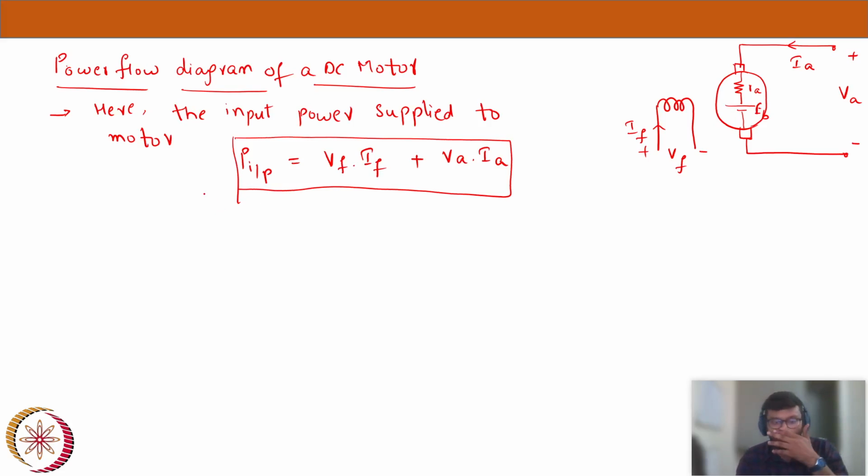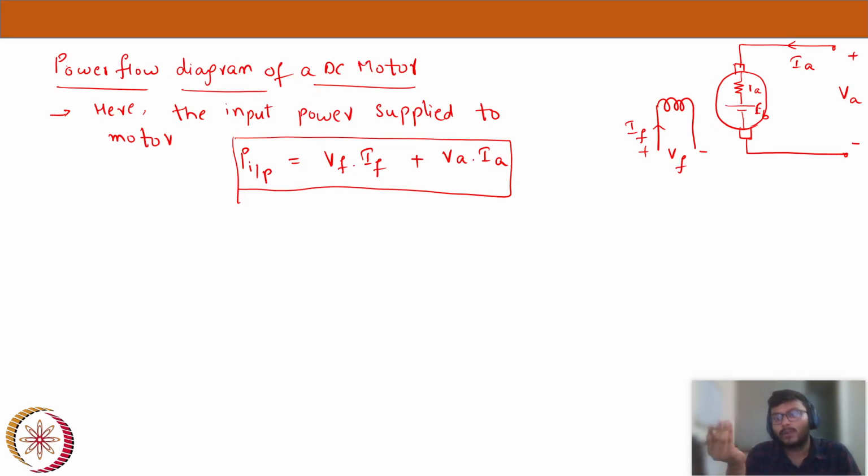Okay, now let's say this is the total electrical input supply we are giving to the system. From this, a portion of the power will be lost first in the field circuit. We have a field circuit, which is a coil having a supply of VF, and the current IF is flowing through it, and in that a portion of power will be lost because it has its own resistance.